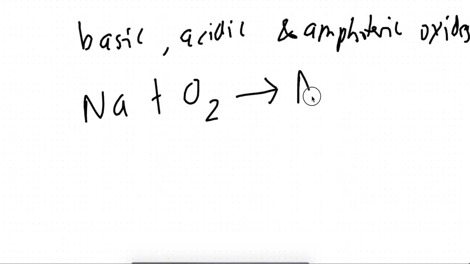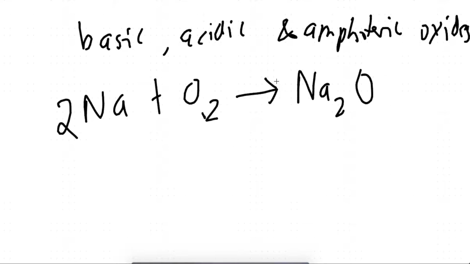Sodium oxide, Na2O. And then we balance this, 2 sodiums here, 2 sodiums here. Then you have 2 oxygens here, only 1 oxygen here. So you put a 2 here, but now you have 4 sodiums. So you get a 4 over here, correct? 4 sodiums, 2 oxygens, 2 oxygens.